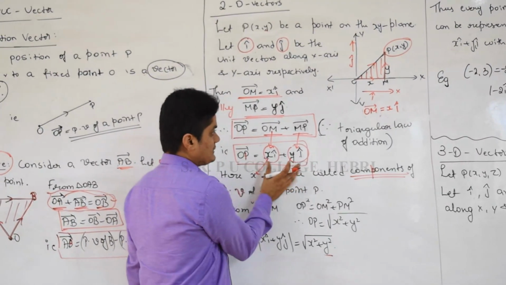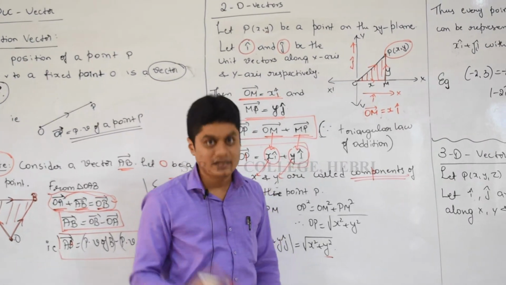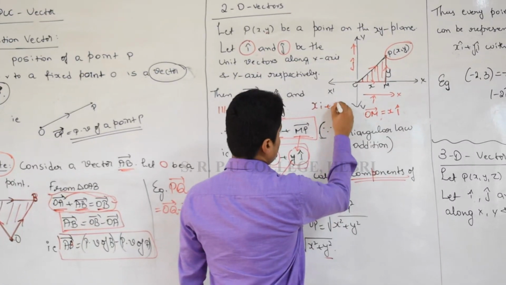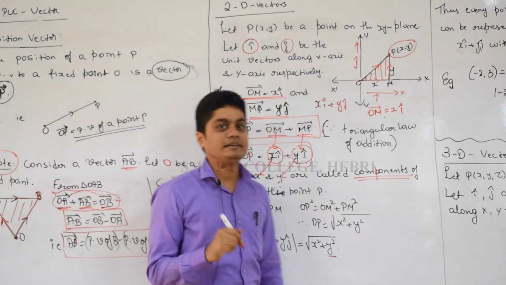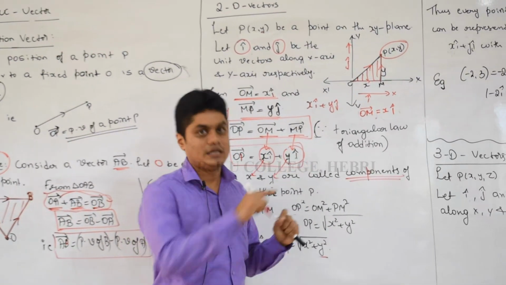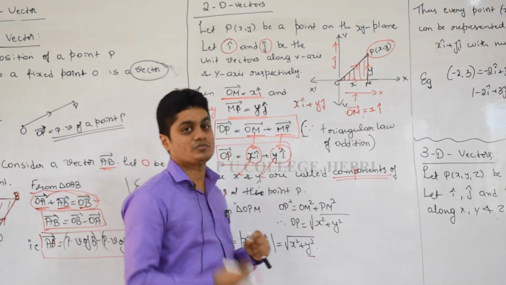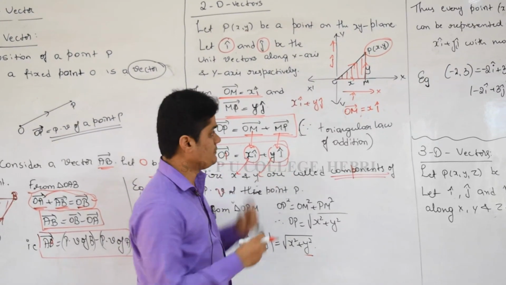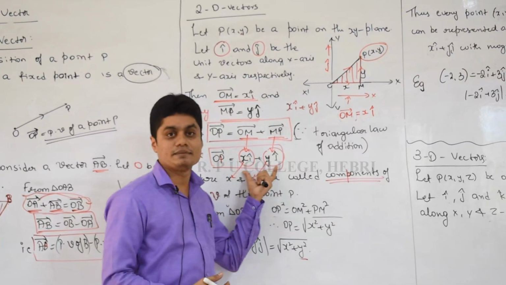So any point in a plane can be represented as a vector x i cap plus y j cap, where i cap and j cap are the unit vectors along the x axis and y axis, and x, y are the coordinates of the point P in the xy plane.